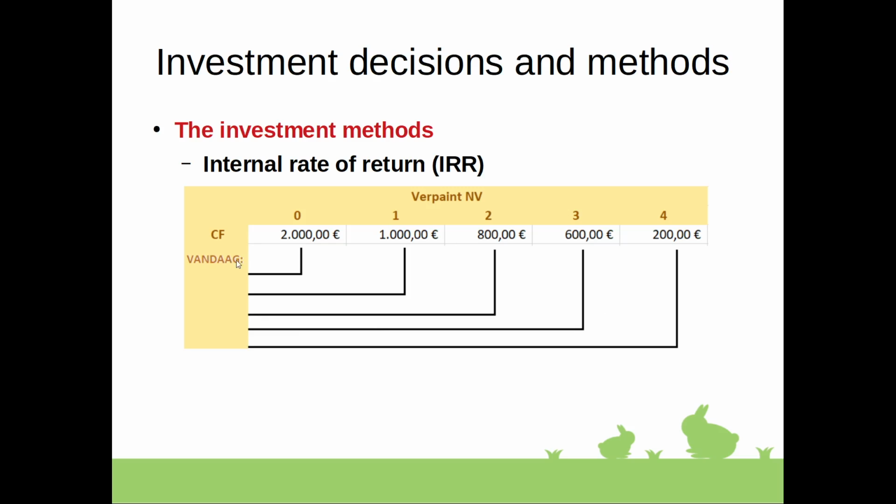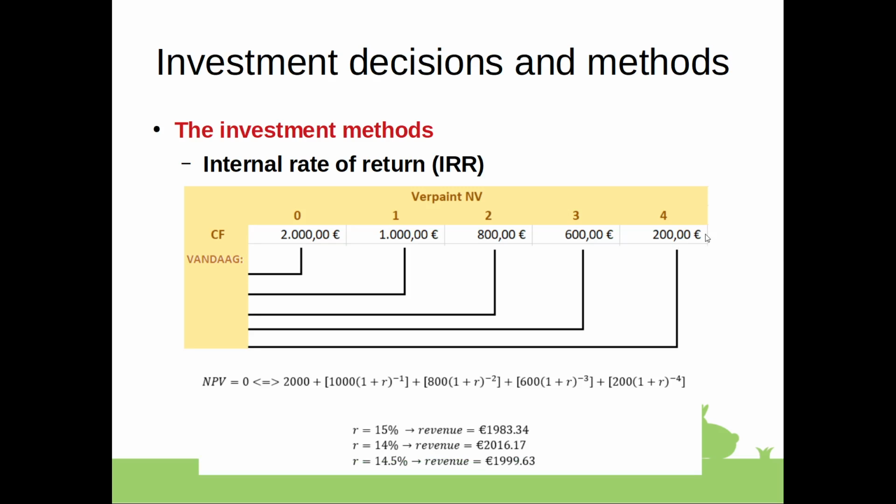Apparently, I wrote down vandaag instead of today. Don't ask me why, but it happened. So you will use your discount rate to bring everything back to today. This is the same thing we did in the NPV method. So the very first number will be 2000 because we already are at today. Then something will happen over here, and same goes for the other ones, right?